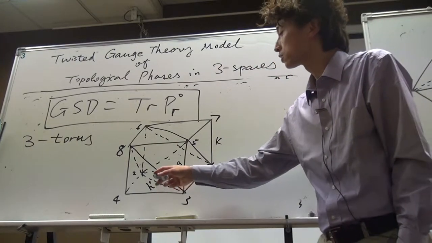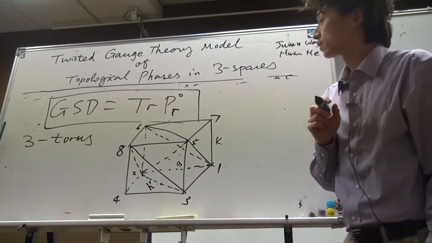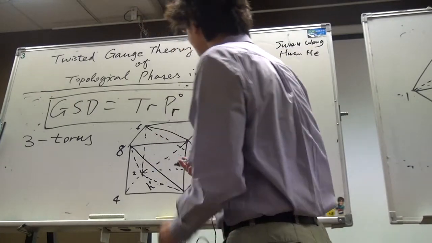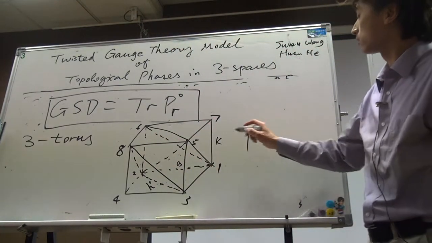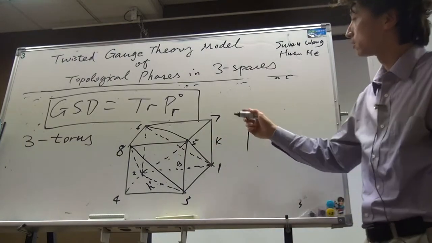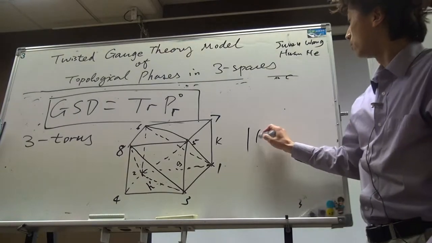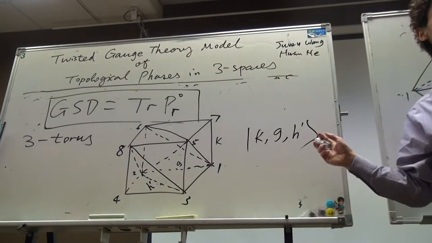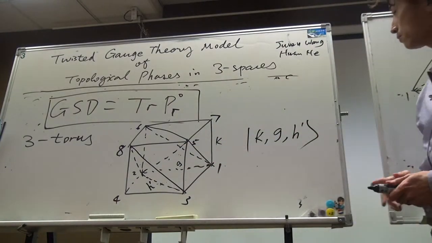I still stick to H prime here for your convenience to read my paper. I can change it to something else, but it's better to keep it H prime. Now, a generic state in this Hilbert space, defined on this triangulation of 3 torus, will be labeled by only 3 group elements, K, G, H prime, because there are only 3 independent group variables.